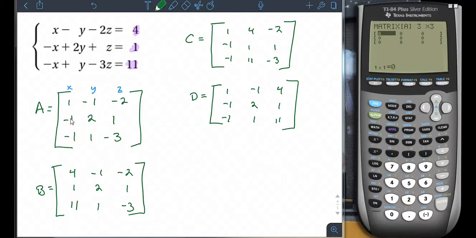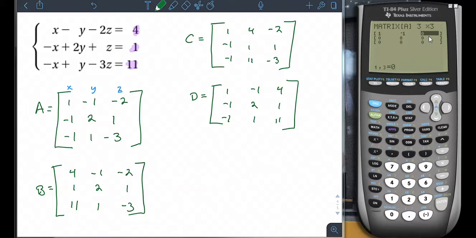Okay, and I'm just going to write this information. So 1, -1. Keep in mind two things. First, when you press Enter, it moves you to the right instead of up or down. You can also use the arrow to go down if you prefer to write each column first.